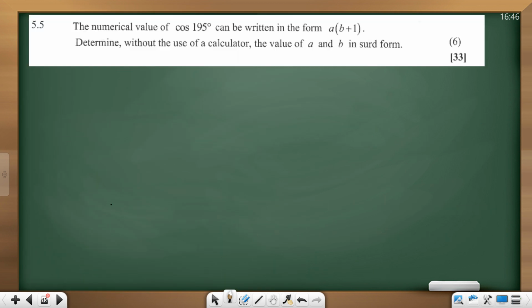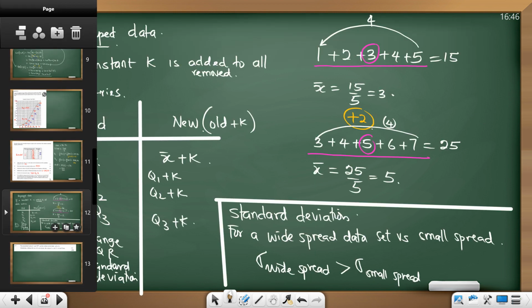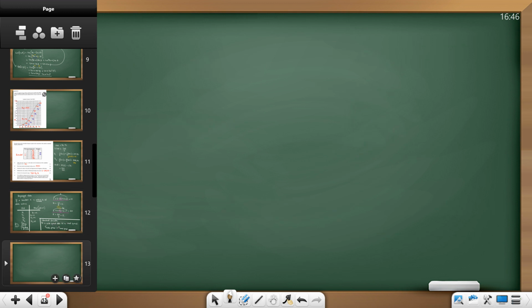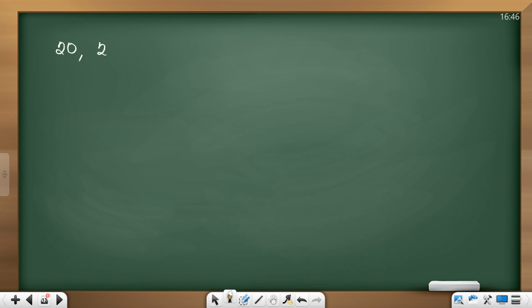Okay, I am going to quickly create a set of numbers. I want us to work as fast as possible here. 20, 23, 24, 28, 32, 44, 46, and 52. Please, may I ask everyone, quickly, I need answers. I want your mean and your standard deviation.